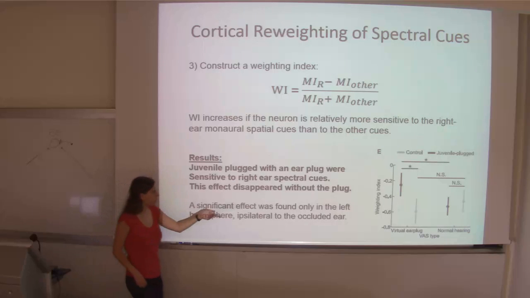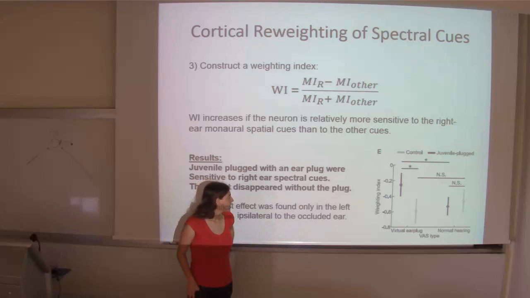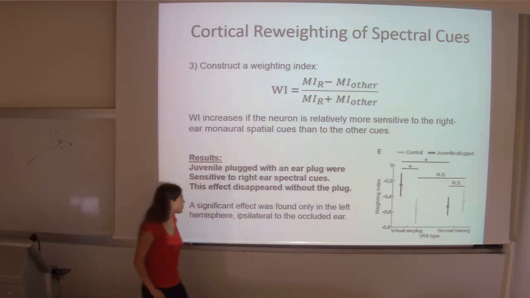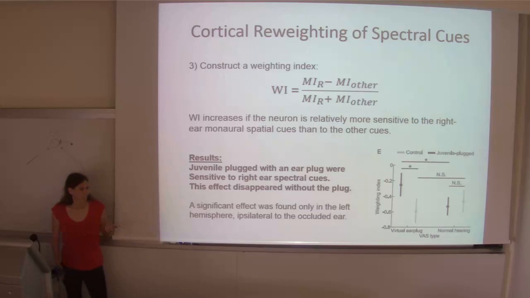There's no difference between the index for the controls and for them. Which means that they can adapt to different contexts, and with the plug use only the monaural cue, but without the plug use the binaural cues to the maximum amount, extracting all they can out of it.